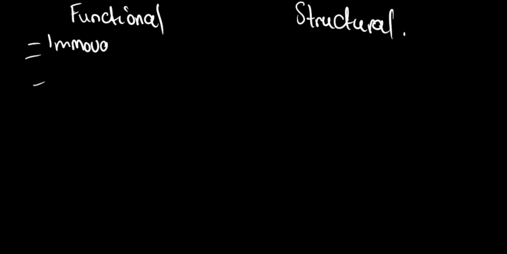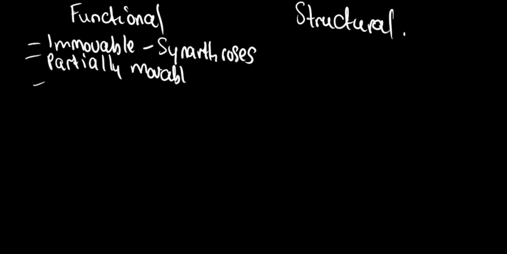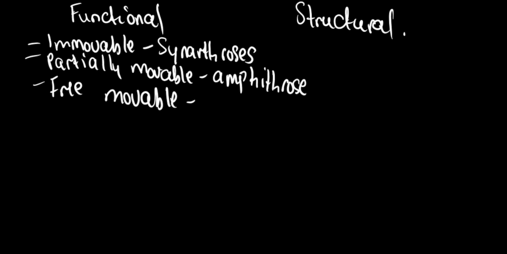So we could have an immovable joint, and we have a fancy term for this, which is synarthrosis. So the immovable joint would be synarthrosis. We could have a joint that is partially movable, and the term for this would be amphiarthrosis. And of course, we could have a joint that is freely movable. A freely movable joint would have the term diarthrosis.